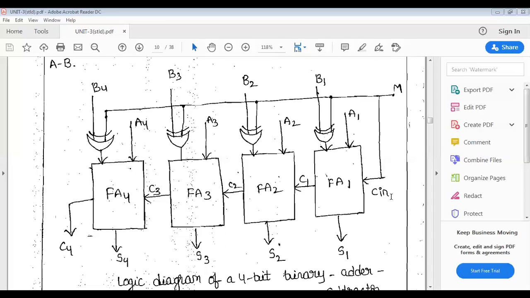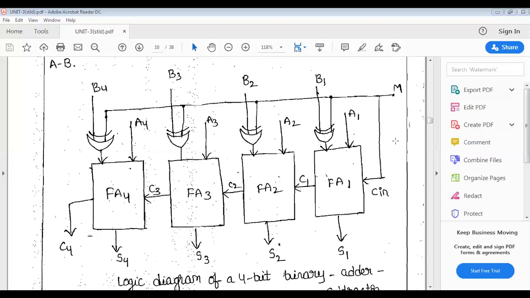Let us see here in the first full adder, I changed the circuit for the B input, and another input is the mode operation M, with the 2 inputs of the exclusive OR gate. When M is equal to 0, it performs the operation A plus B, which means Cin gets 0. One input of the exclusive OR gate is 0, and another input is from the B values, that is B1, B2, B3, and B4.